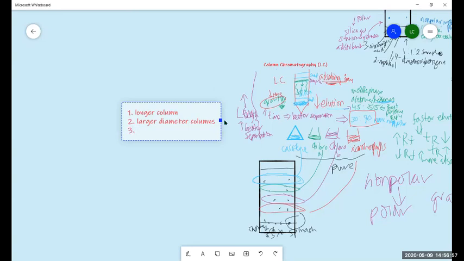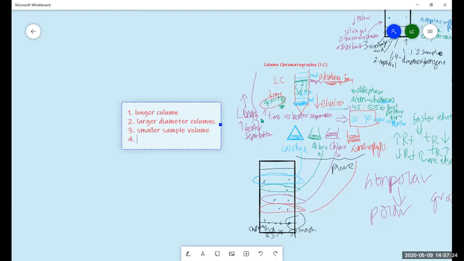Smaller sample volume. These are some things that should be noted. Once again, because you have a smaller fraction of the column volume, you want the sample to be as small a fraction of the whole volume as possible, just to give yourself more separation.